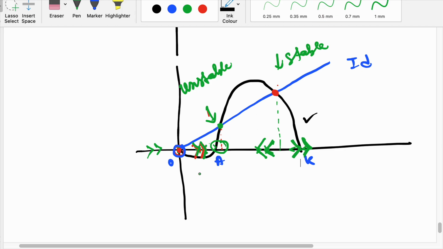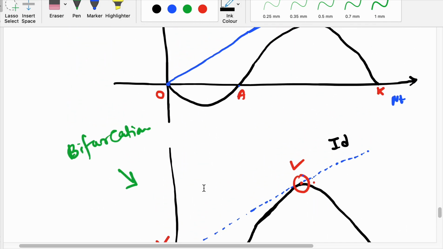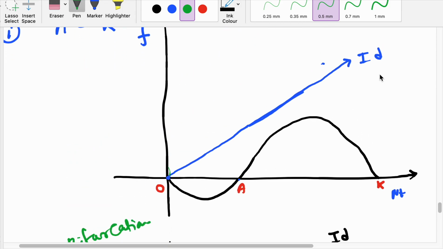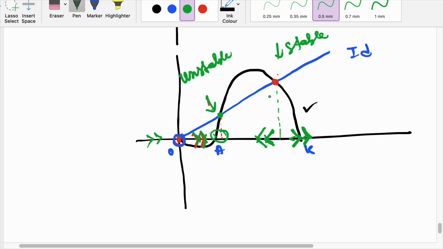So you will find that if I change it, the stability of this point doesn't matter, or this point doesn't matter, automatically two new fixed points will be created.